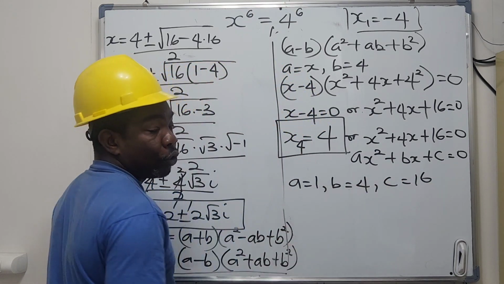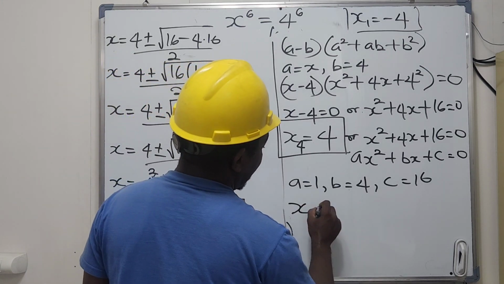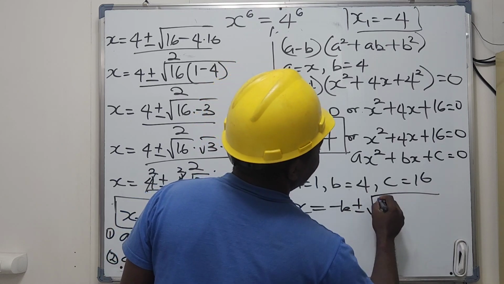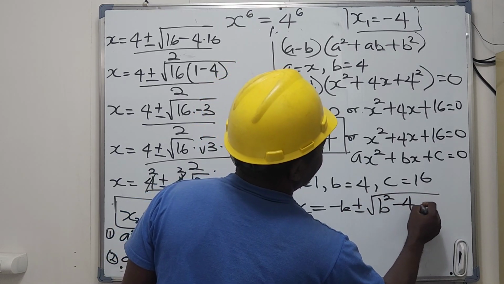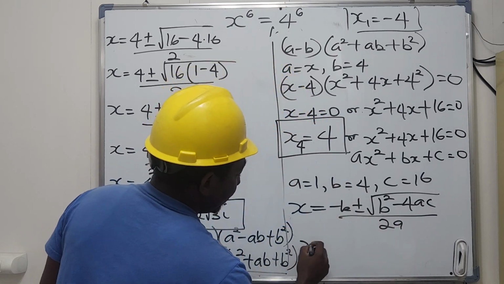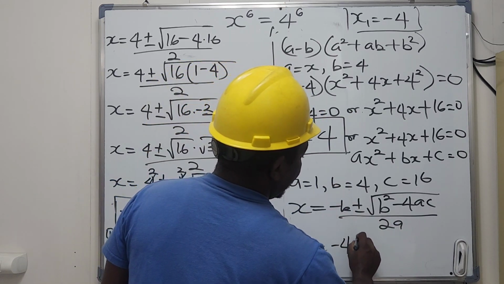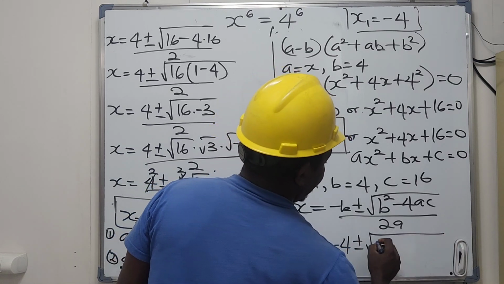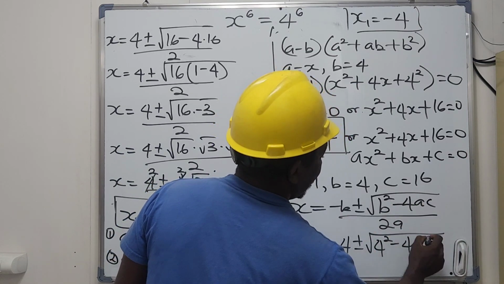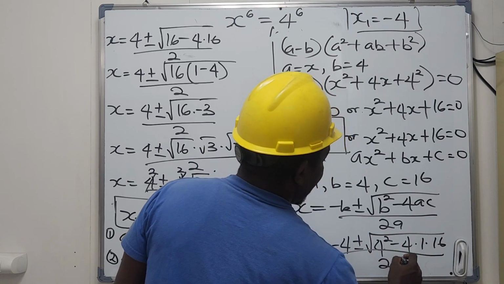We are going to substitute these parameters into the quadratic formula, where x equals minus b plus or minus square root of b to the power of 2 minus 4ac all over 2a. In this case, our value of x equals minus b, which is minus 4, plus or minus square root of 4 to the power of 2 minus 4 times a, our a is 1, times 16, all over 2 times 1.